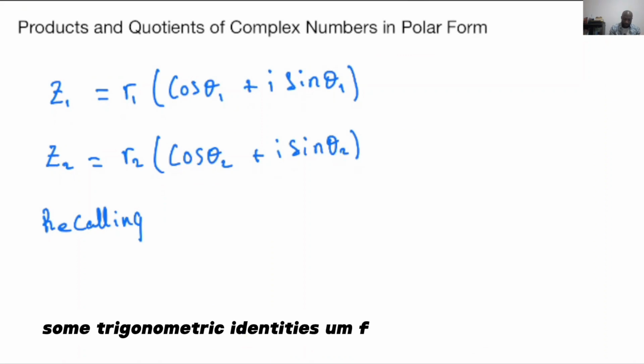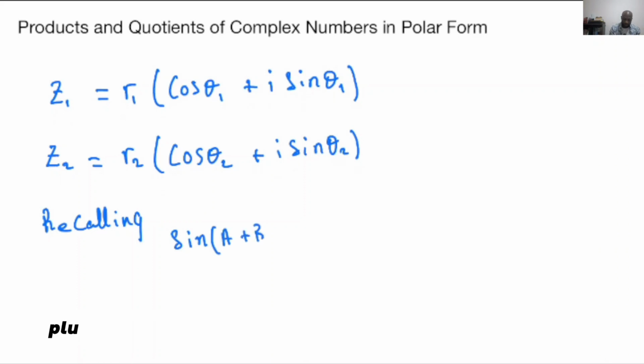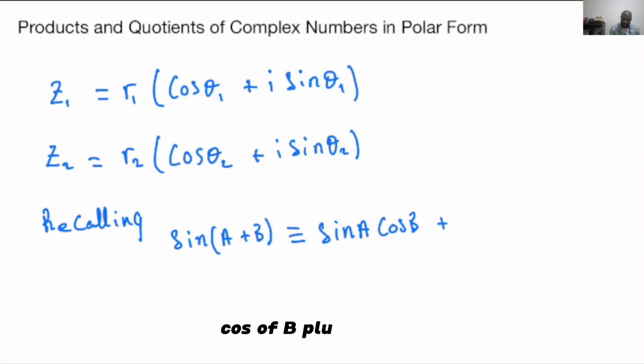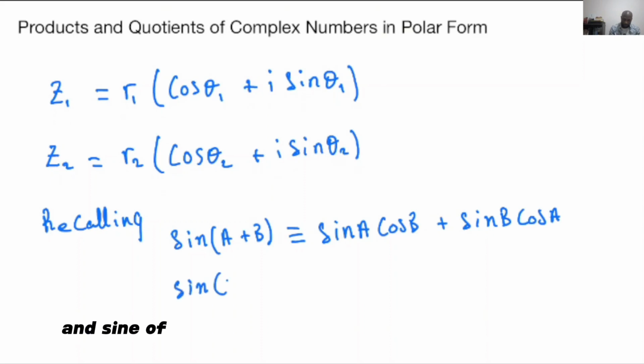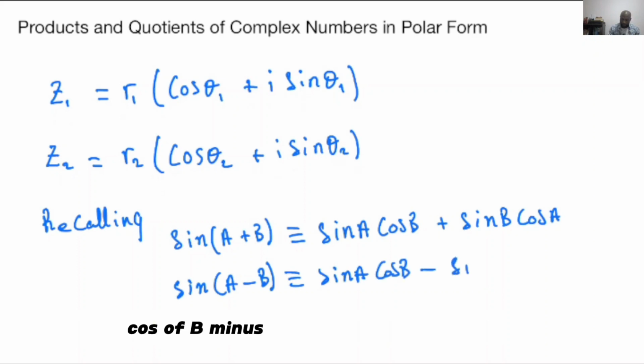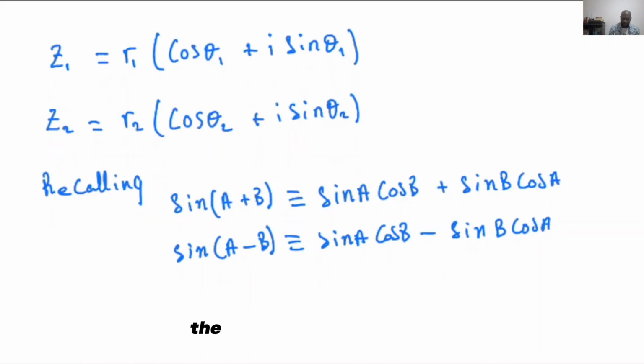First, sine of A plus B. We know that this is the same as sine of A cos of B plus sine of B cos of A. And sine of A minus B is the same as sine of A cos of B minus sine of B cos of A.